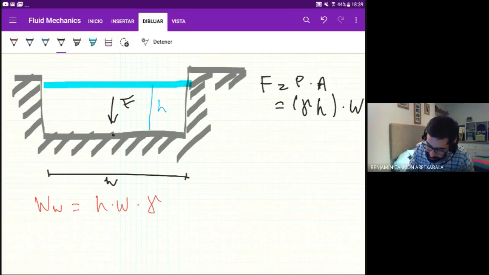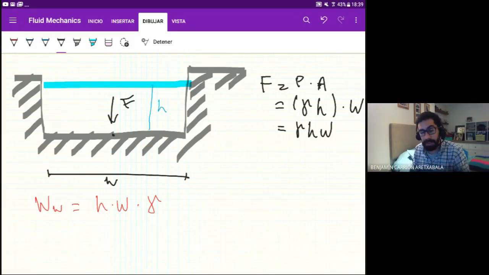So you see, we get to the same thing, gamma h w, not in the same order, but the same value. So you get a sense that the forces created by pressure are pretty much related to the weight of the fluid, right? There is no magic here.